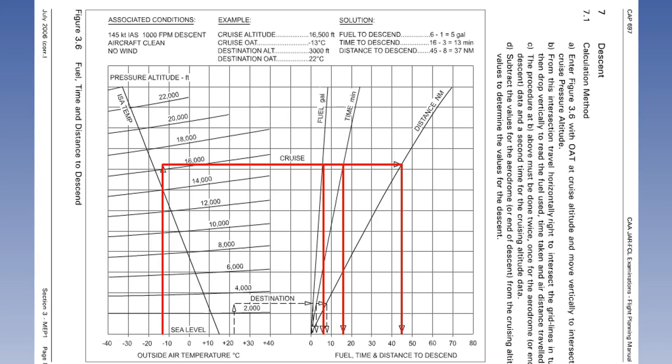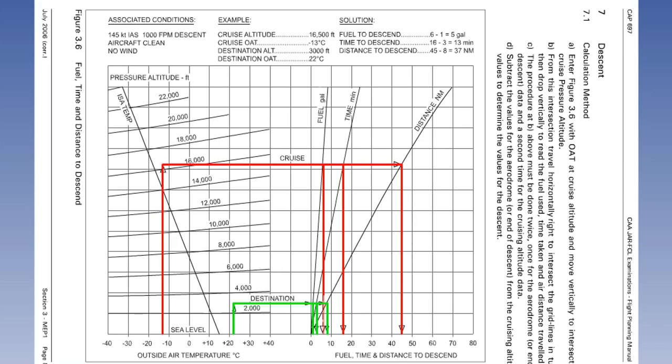If the descent is to be made to an airfield above mean sea level, first carry out the procedure just described, then re-enter the graph with the airfield outside air temperature and go vertically to the airfield elevation. Go horizontally to cut the fuel, time and distance lines. From each of the fuel, time and distance lines, go vertically down to read off the appropriate values.